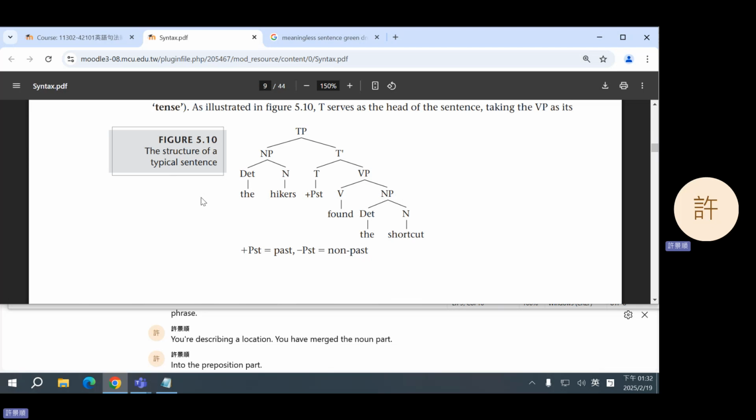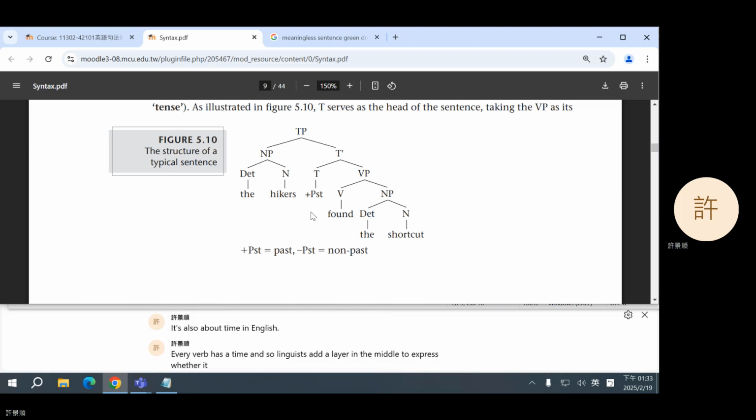Finally, we get to a complete sentence. A sentence is not just about nouns, verbs, and other things. It's also about time. In English, every verb has a time. And so linguists add a layer in the middle to express whether it is in the past or it is not in the past.